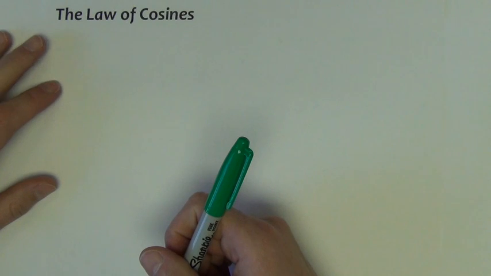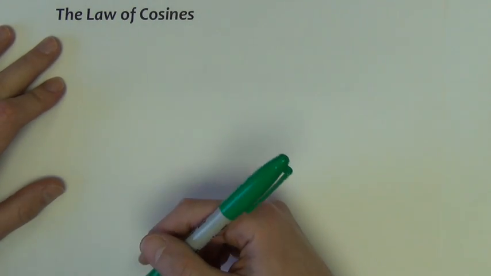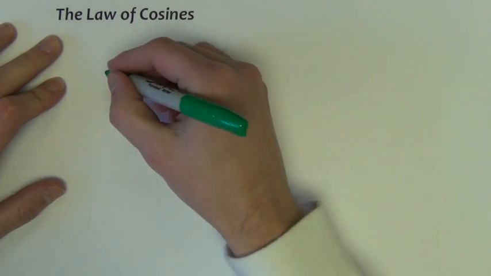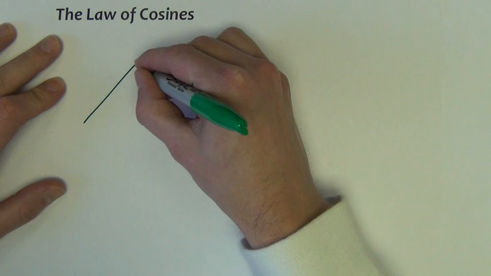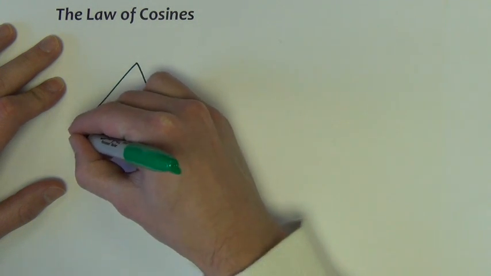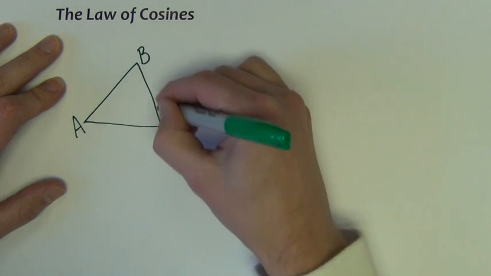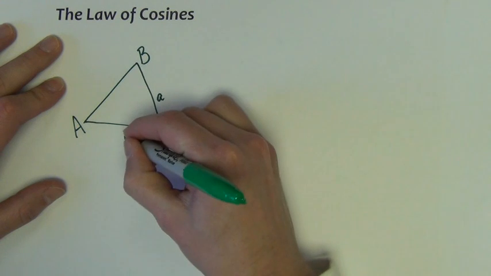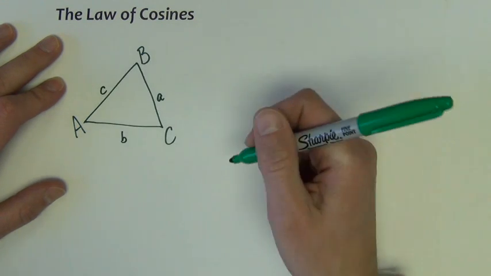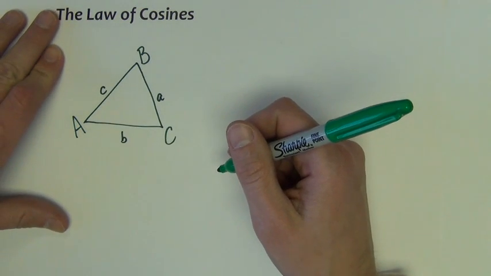Alright, the title of this section was Law of Cosines. Here is the Law of Cosines. If we have, again, any triangle ABC with sides a, b, and c, respectively, Law of Cosines is this.